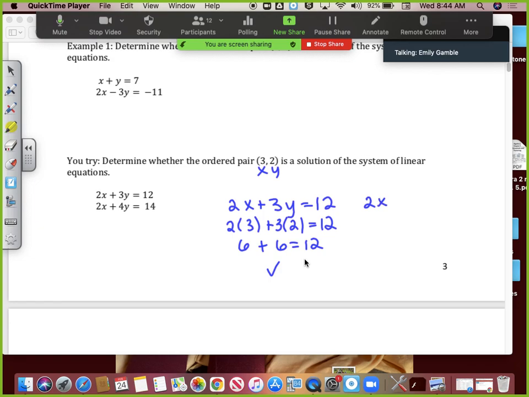The second equation is 2x plus 4y equals 14. Replacing in a 3 for x and a 2 for y, we have 2 times 3, which is 6, plus 4 times 2, which is 8. And 6 plus 8 is 14, so it works for both of these. That means that (3, 2) is a solution.